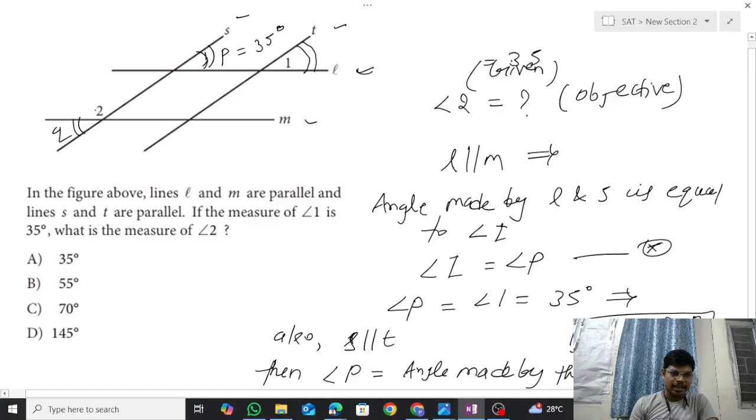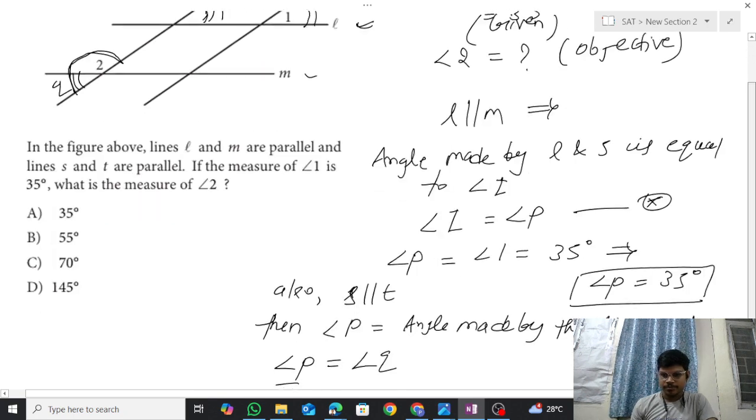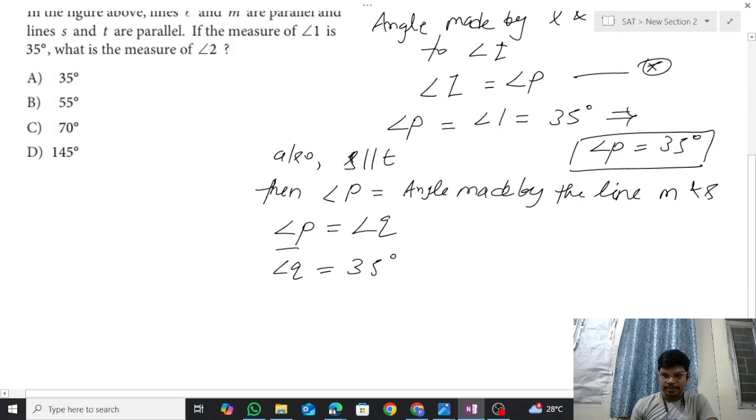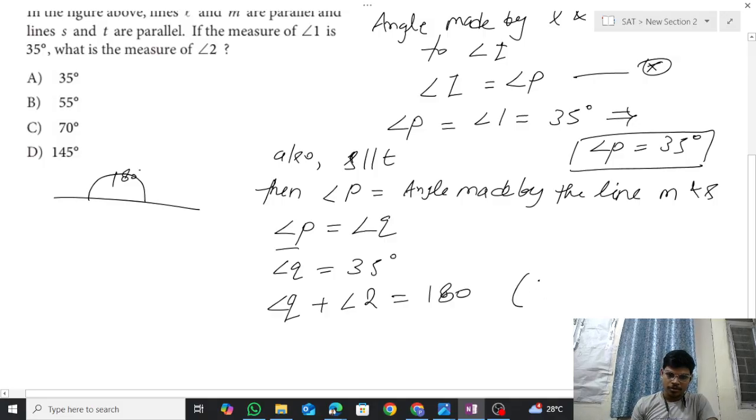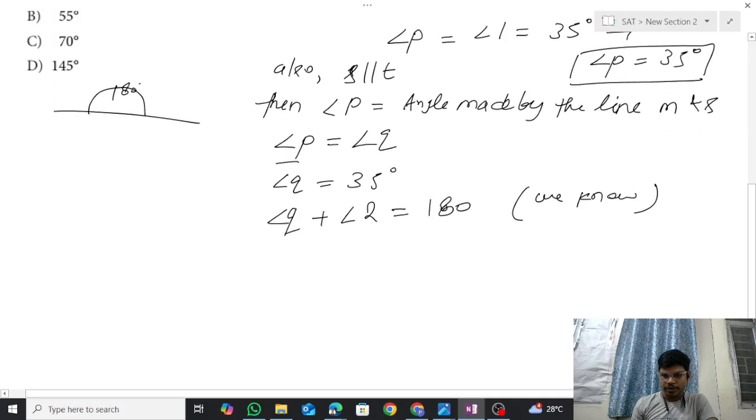I need to find the angle 2. The whole angle is going to be 180 degrees, because this is basically a straight line. So the angle between this and this is 180 degrees. So angle Q plus angle 2 is equal to 180 degrees.